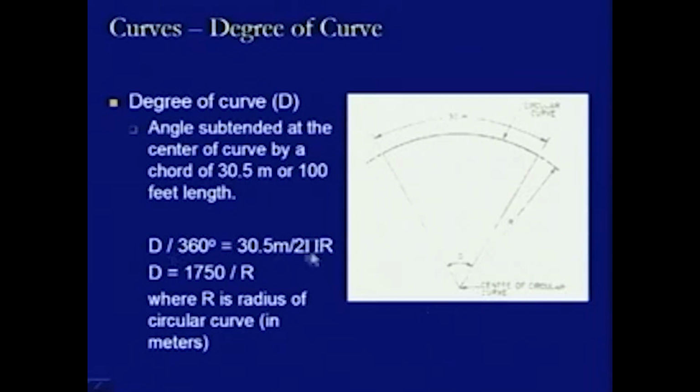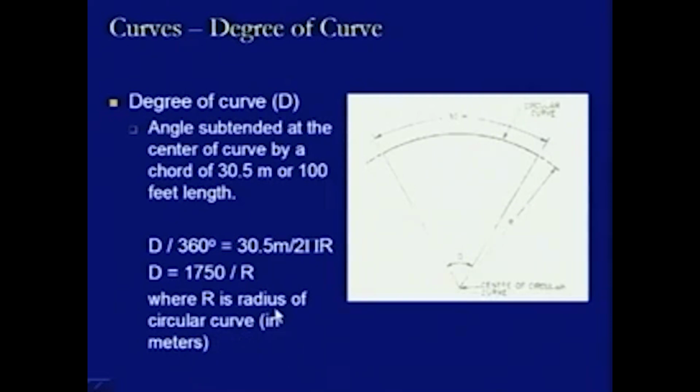The degree divided by the overall 360 degrees is equal to the 30.5 meters divided by the overall circumference when we move by 360 degrees. The overall circumference will be 2 pi r. So, with this we get d equals 1750 divided by r, where r is the radius of the circular curve in meters.